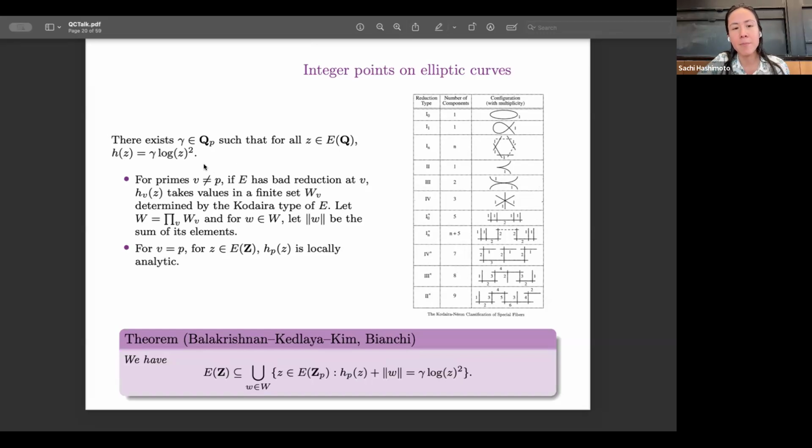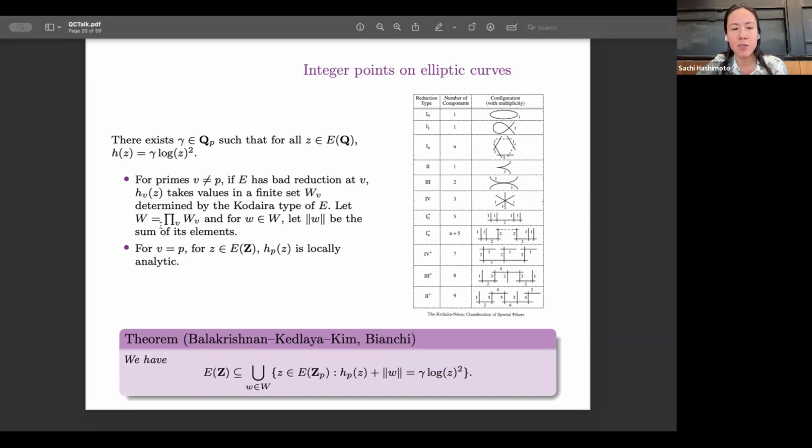If I'm at a prime not equal to p, then the local height is kind of like a discrete combinatorial object. So it's 0 if I have good reduction at v. And if I have bad reduction at v, then the local height at v takes values in some finite set that's completely determined by the reduction type, in this case the Kodaira type of the elliptic curve.